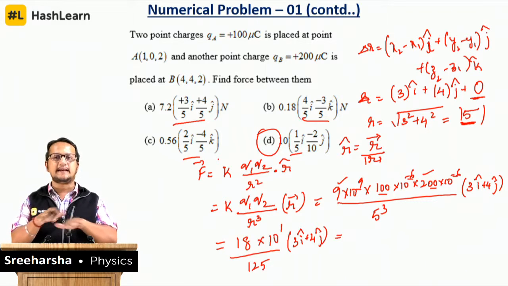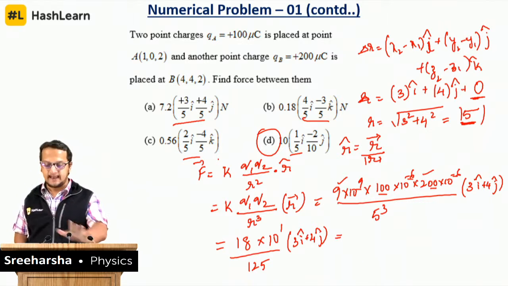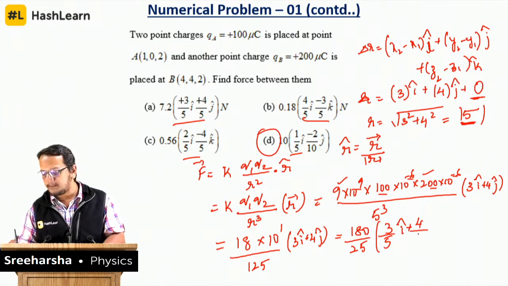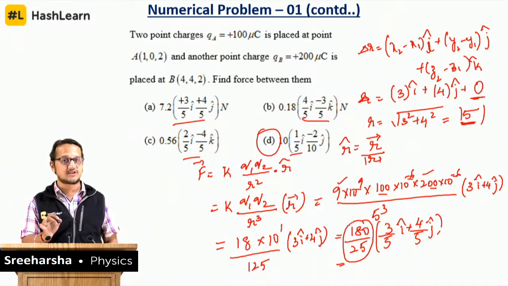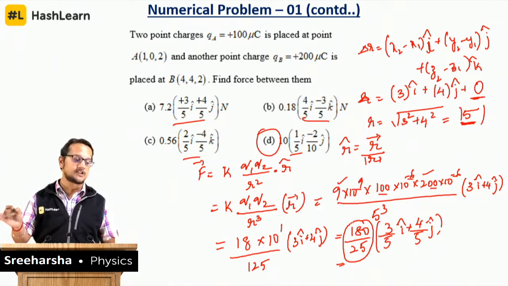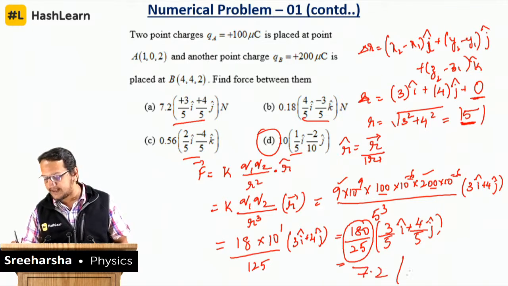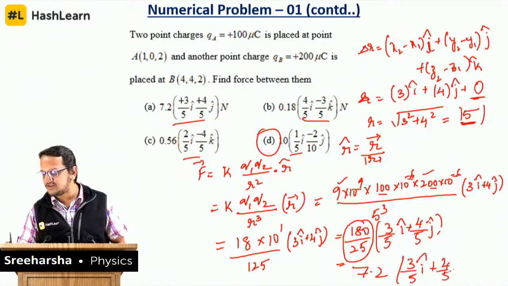So this can be ignored. हमें पता है कि डिनोमिनेटर में 5 होना कंपलसरी है, तो इसके हिसाब से 180 by 25 times 3 by 5 i cap plus 4 by 5 j cap. अब 180 by 25 is approximately कितना हुआ? 7 times, क्योंकि 25 into 7 is how much? 175. So that is approximately 7.2 times 3 by 5 i cap plus 4 by 5 j cap.